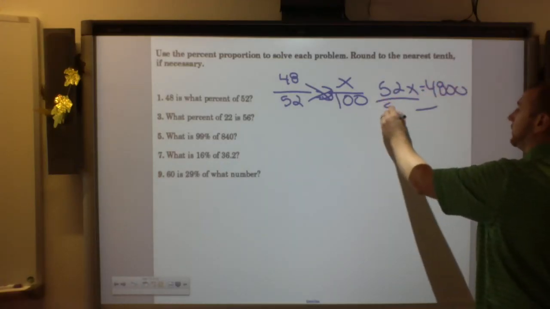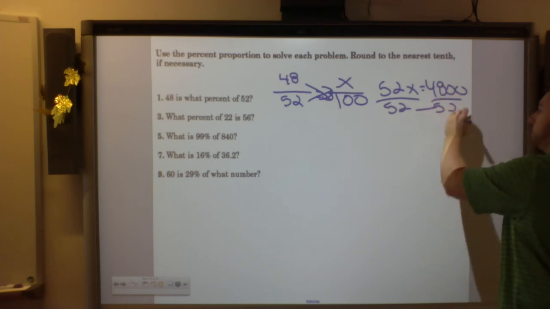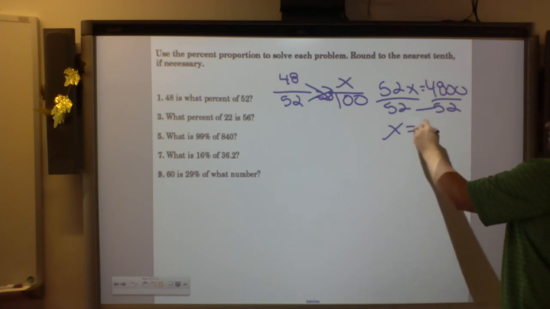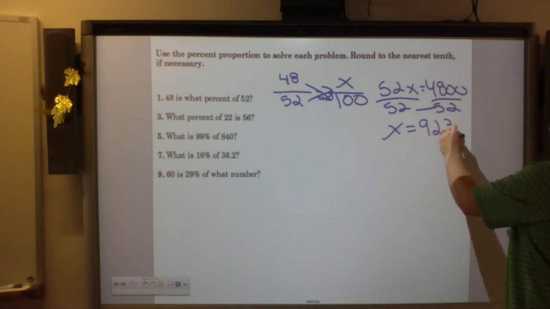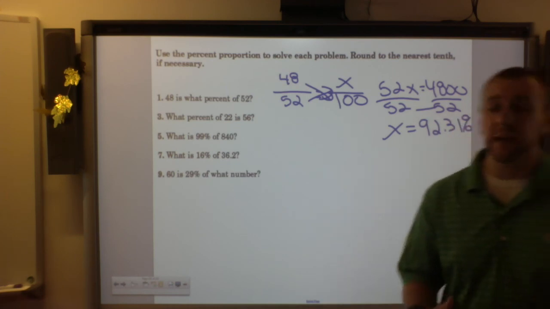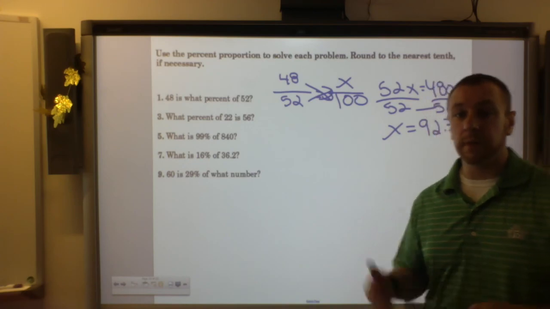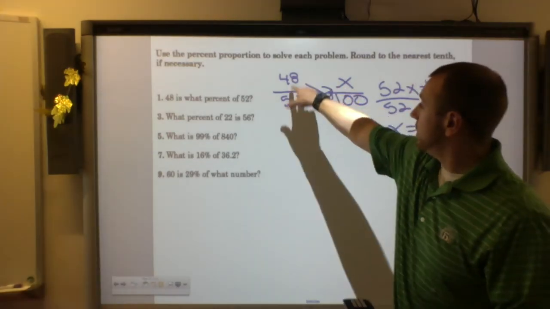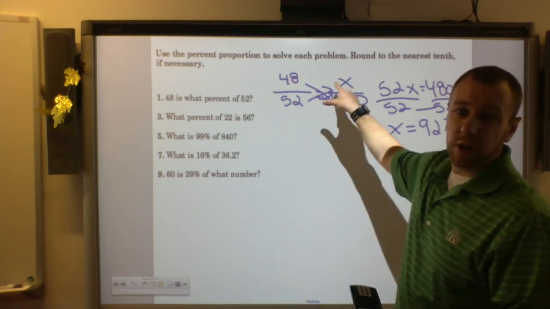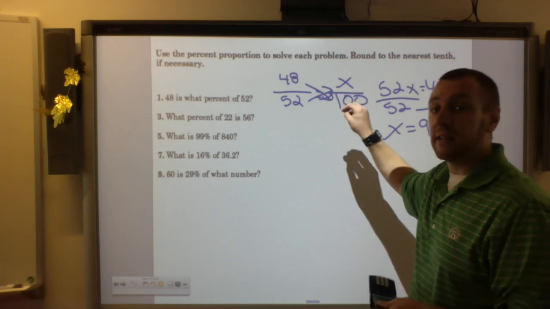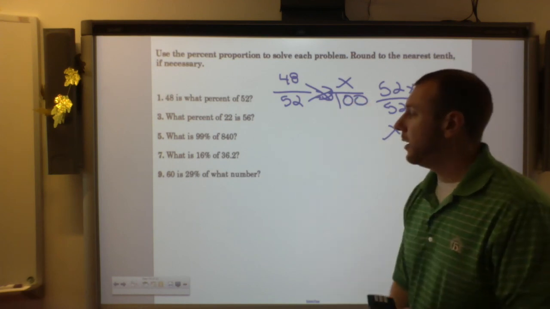I divide by 52. My x is 92.31%. So that's how I would solve these percent proportion problems. And all I'm going to do is rotate which of these three values has the x. The 100 is always a constant. It's always going to be there.